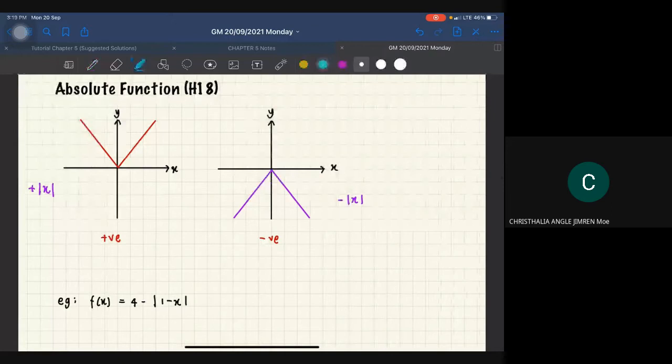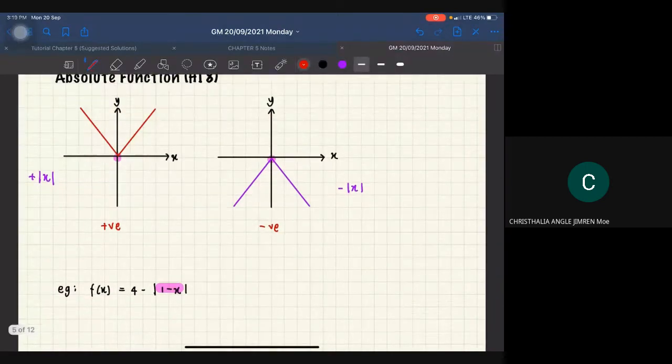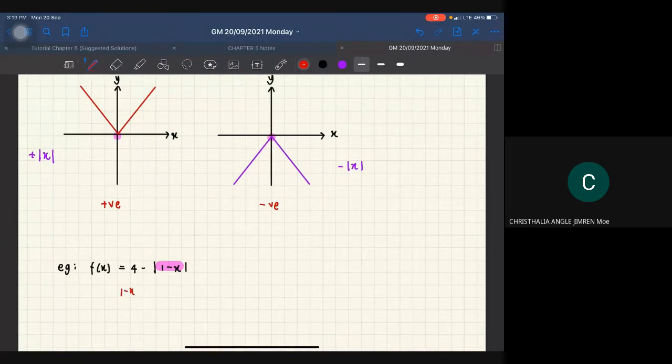Contoh dekat sini, kalau awak tengok dekat this one, kita ada dia punya starting point. Cara nak cari starting point ni senang sahaja. Kalau awak tengok pada soalan kita sekarang, awak akan ambil yang dalam modulus ni, you let it equal to 0. So awak akan dapat 1 minus x is equal to 0, so x is equal to 1.